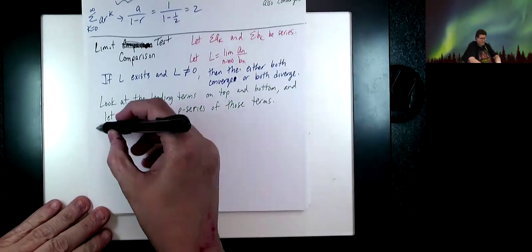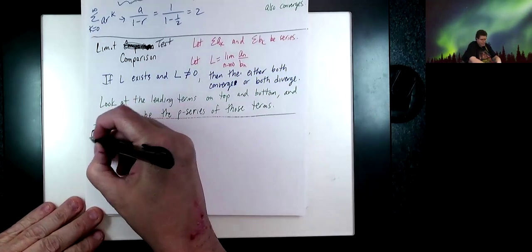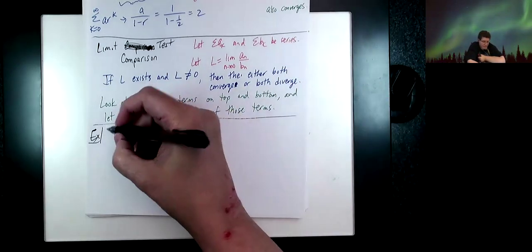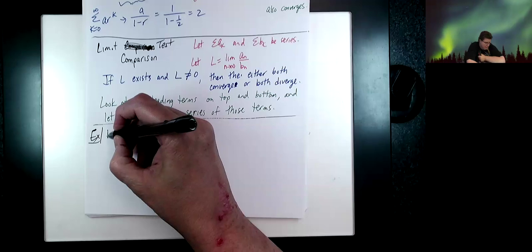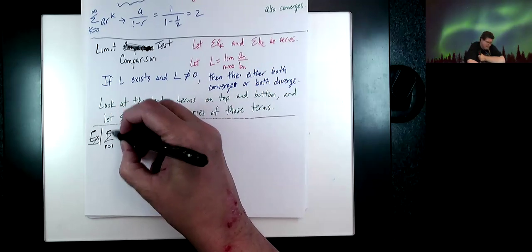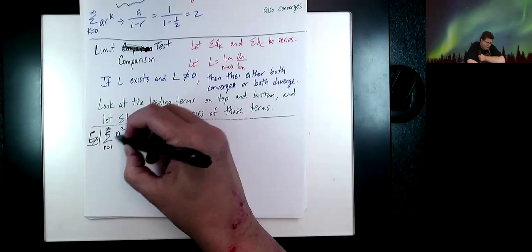So let's look at an example. Now we're going to do 2 of the 3 examples we just did, and then maybe some other ones. We will start with the summation of n equals 1 to infinity of n squared over n cubed plus 1.